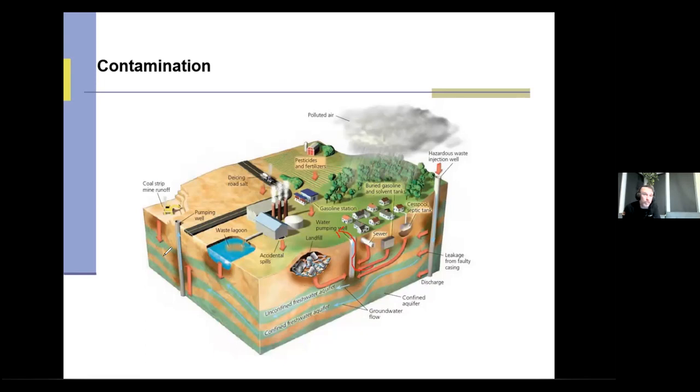So surface water and groundwater are very connected. So if there's a landfill or waste lagoon or something that's going to have contamination, it eventually will enter your surface water source, and vice versa. If you have contamination in your surface water, sometimes it could come into your groundwater source.